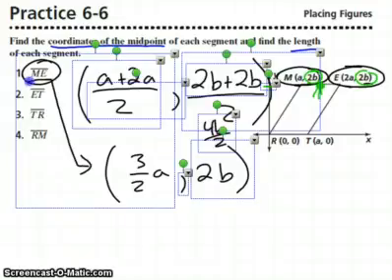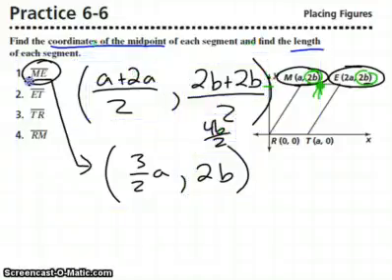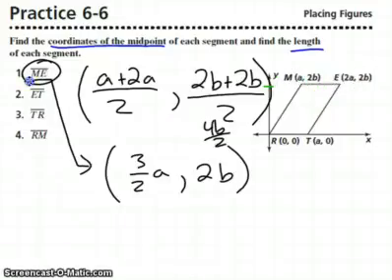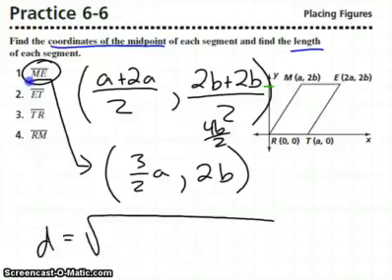Now, next I want to concern myself with the length of this line. Now that I have the midpoint finished, I can look at the length. Well, distance is equal to the square root of the change in x squared. So what is the change in x from here to here? It goes from a to 2a, and the difference there is just a.